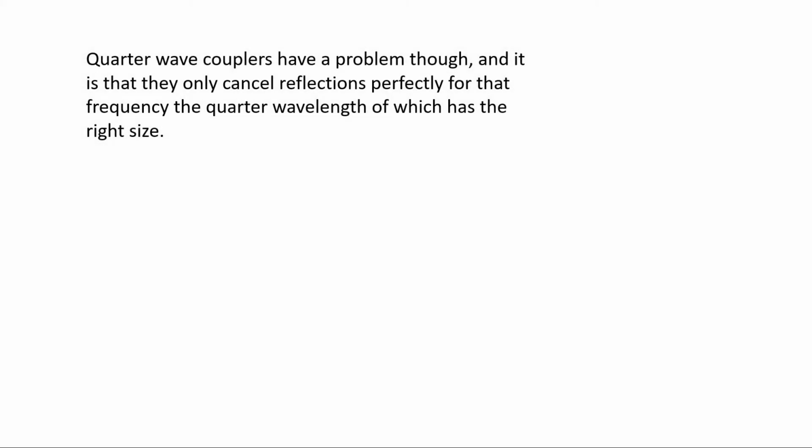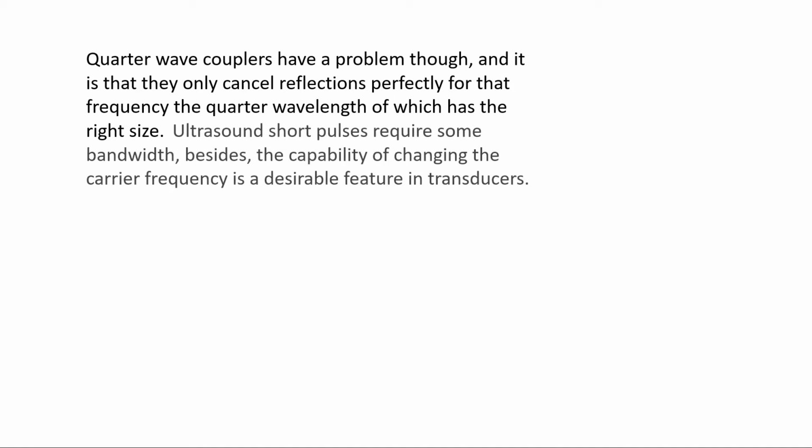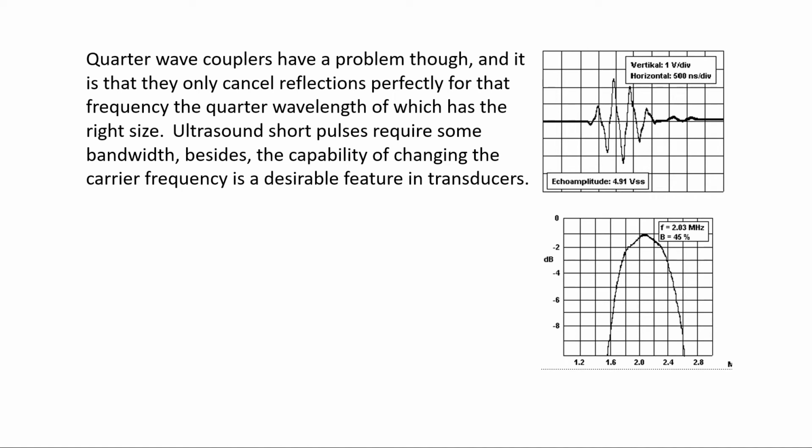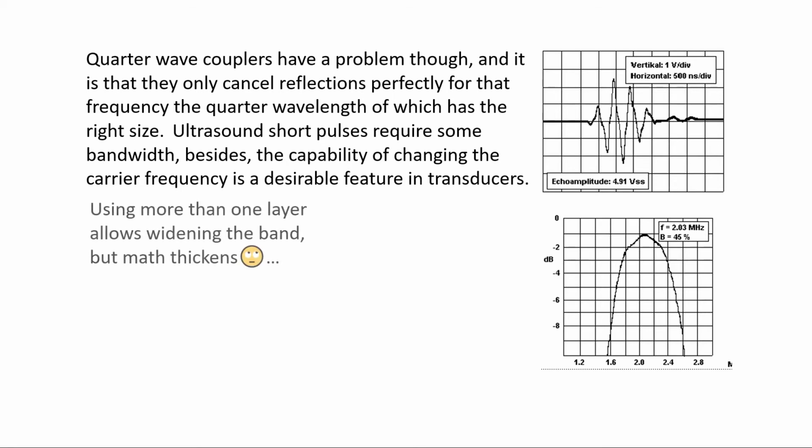Quarter wave couplers have a problem though, and it is that they only cancel reflections perfectly for that frequency whose wavelength has the right size. Ultrasound short pulses require some bandwidth. Besides, the capability of changing carrier frequency is a desirable feature in transducers.